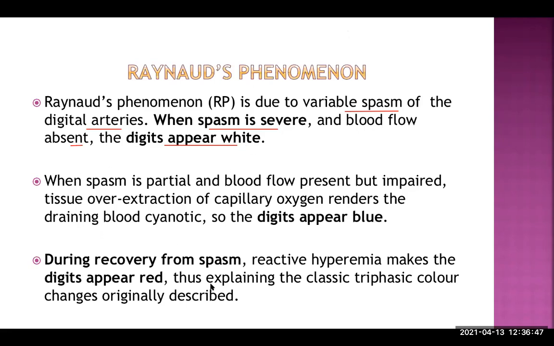These three things together are called Raynaud phenomena. See that? In the beginning, it looks pale. Pale is white. Then it becomes blue, cyanosed. Then it becomes red. So one after the other, these three things together are called Raynaud phenomena.